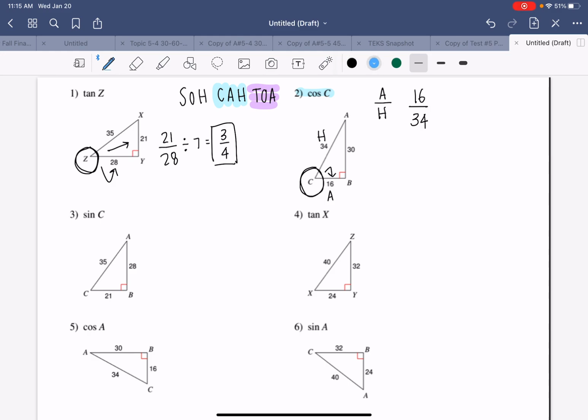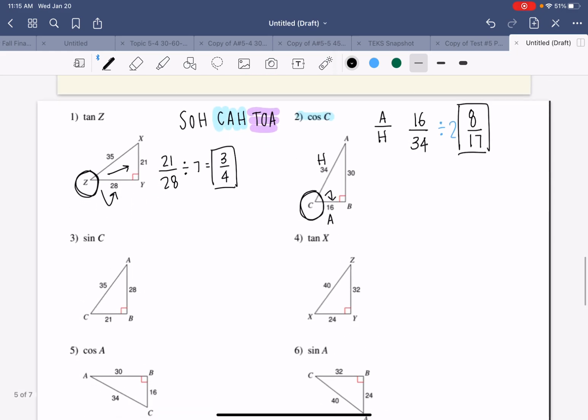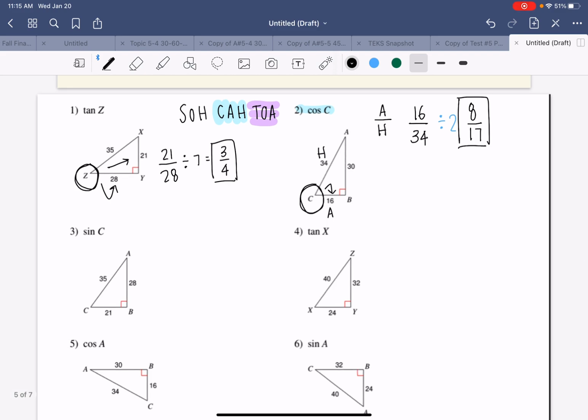And these both can simplify by 2. So 16 divided by 2 is 8, and 34 divided by 2 is 17. Okay, so I want you to go through and input the rest of these, and then we'll move on to how we can utilize these ratios to find missing parts of the triangles.